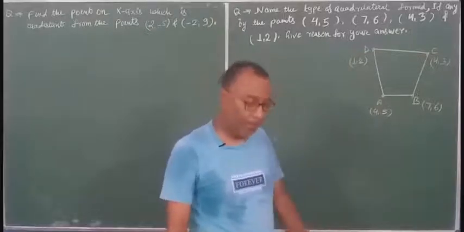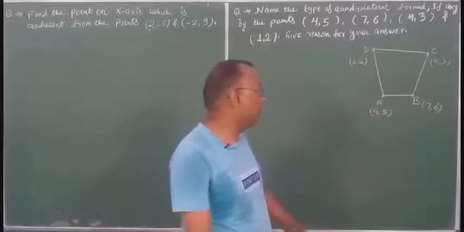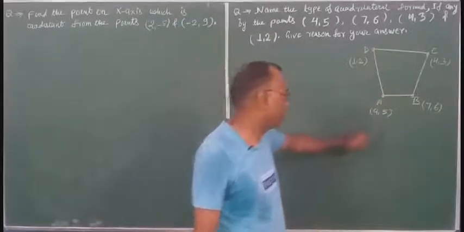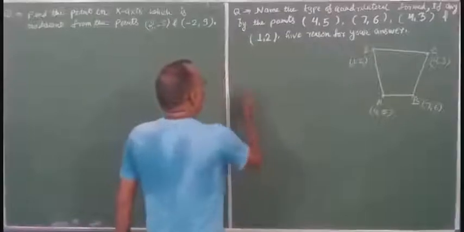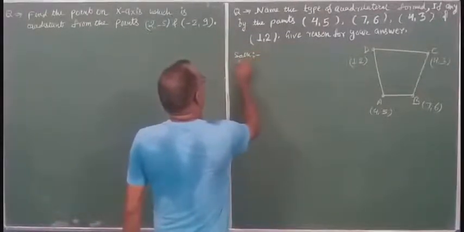So now we will find the length of each side. First we are finding AB using the distance formula.